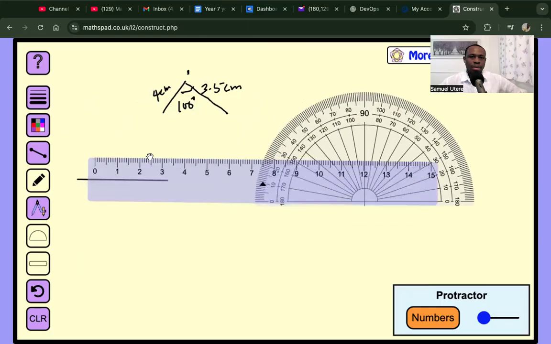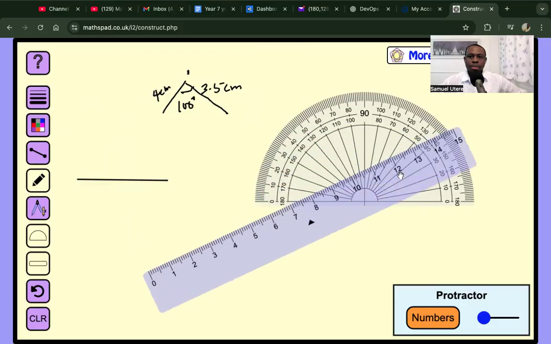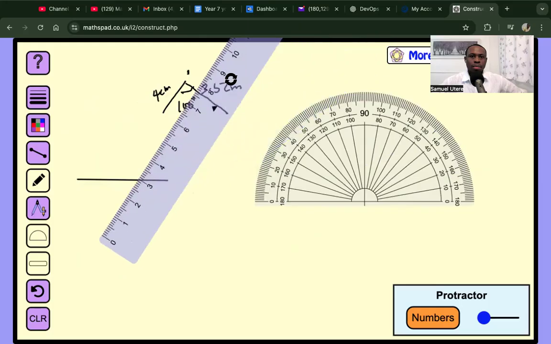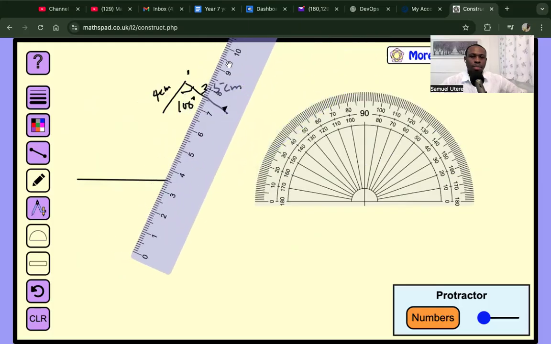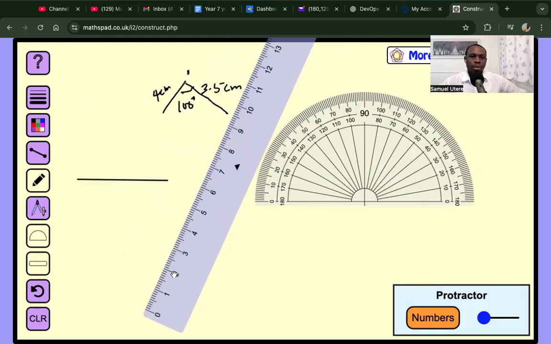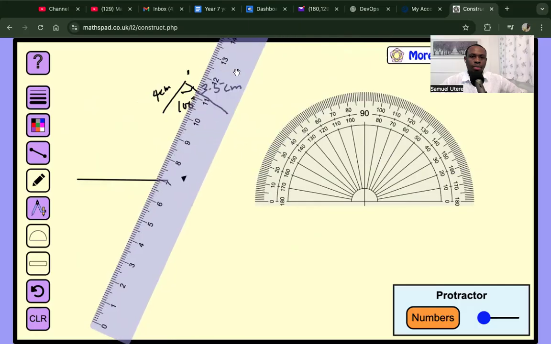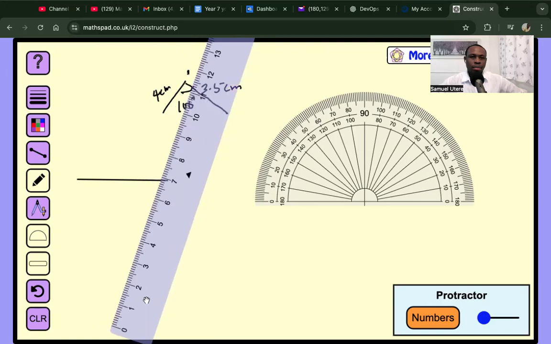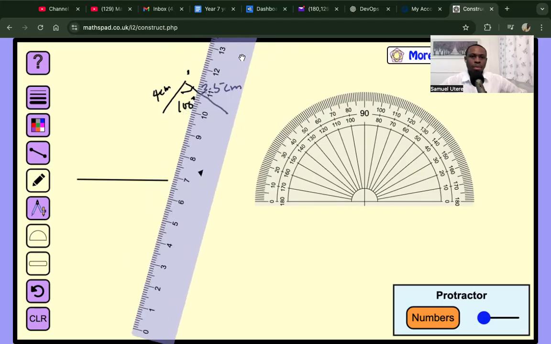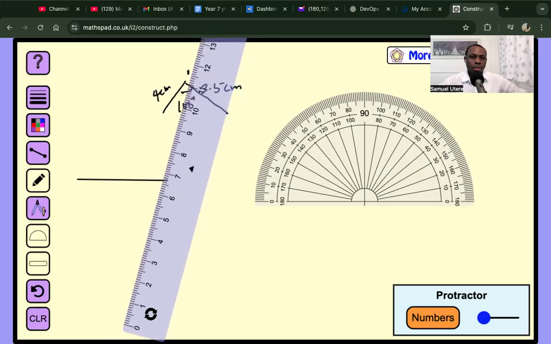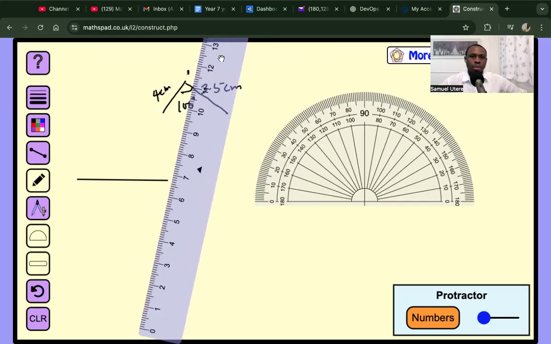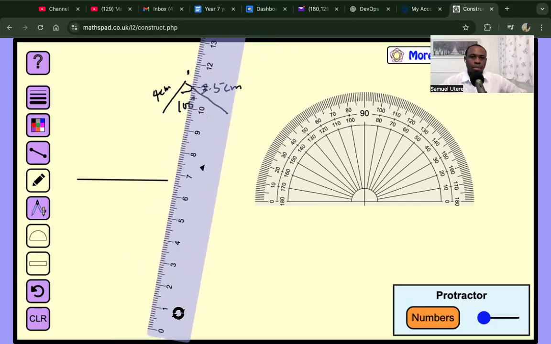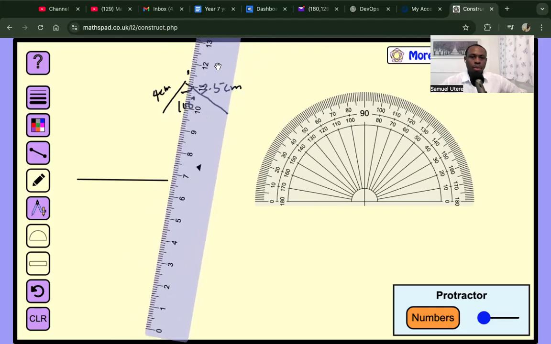We take our ruler, move it and make sure it lines up with that end of the line, and with the mark where you've marked your angle.